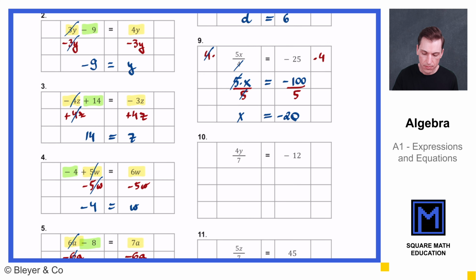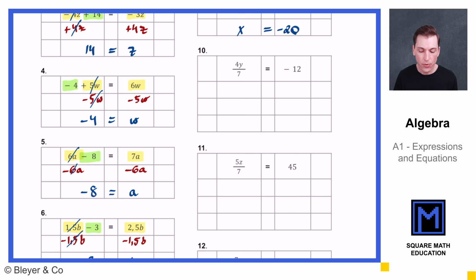Moving on. Next equation, we have 4y divided by 7 equals negative 12. Let's undo our division by multiplying both sides by 7. Multiply by 7 on both sides, and 7 by 7 cancels out. We're going to have 4y equals, and in this equation I actually would not multiply the numbers.